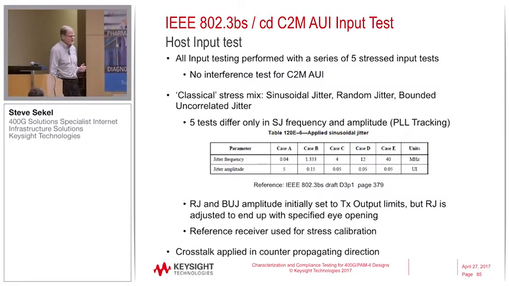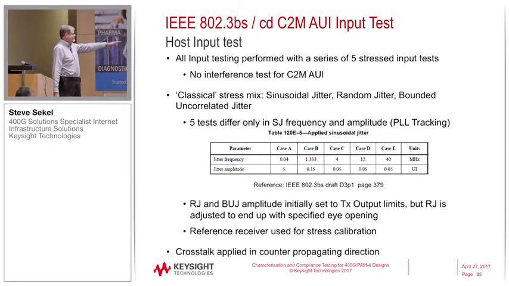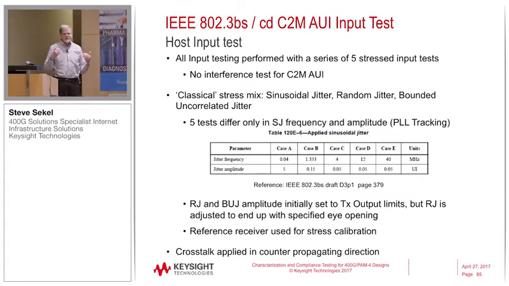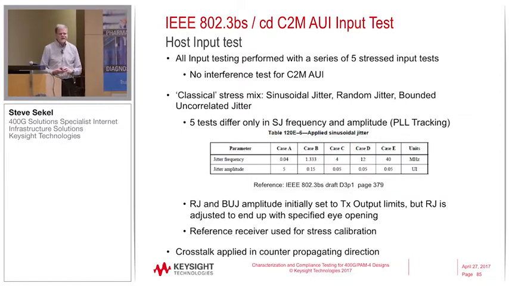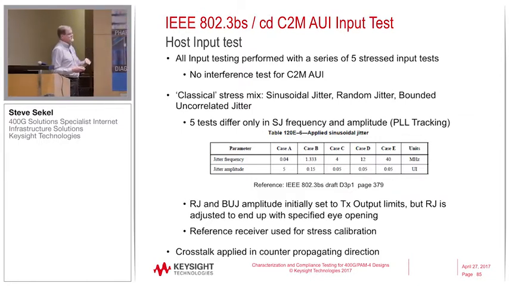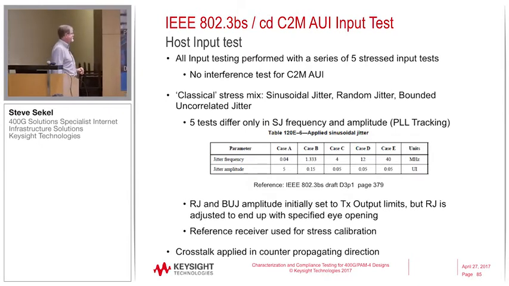You can just calibrate your stress on the scope. And the very last step you do on some of these is to go in and adjust the RJ as kind of a padding number to get a specified eye closure. So at the end, rather than having just fixed SJ, BUJ, and RJ, it is an amount of eye closure that is the final requirement of the stress for this particular test, okay?